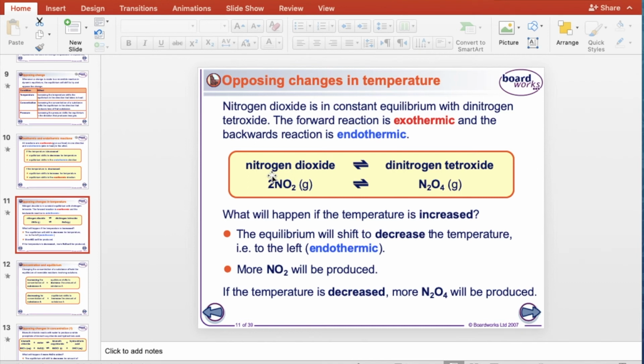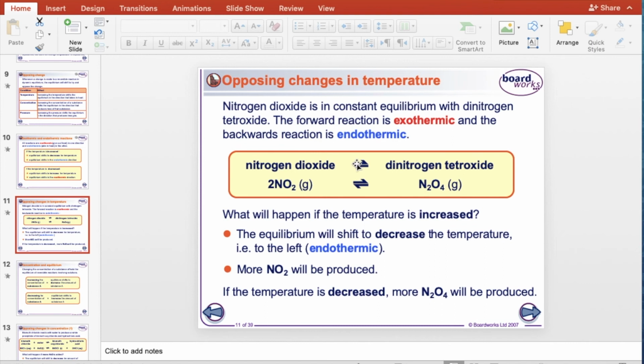If you decrease the temperature, starting from the equilibrium again, you see the equilibrium is going to move to the right, which is the exothermic direction, and it's trying to produce more products. So if you increase the temperature, the equilibrium will produce more reactants to balance out the temperature rise.